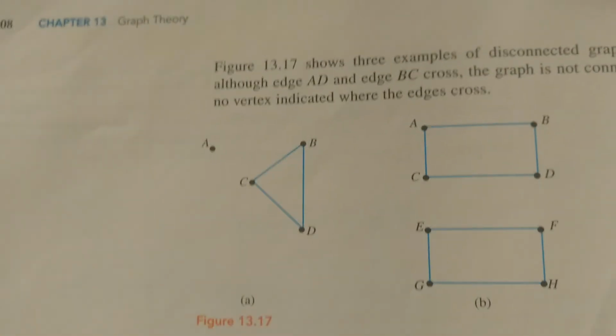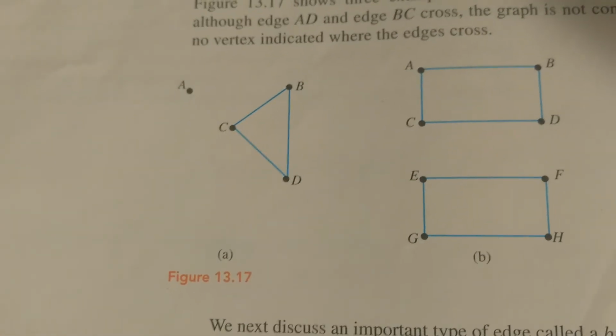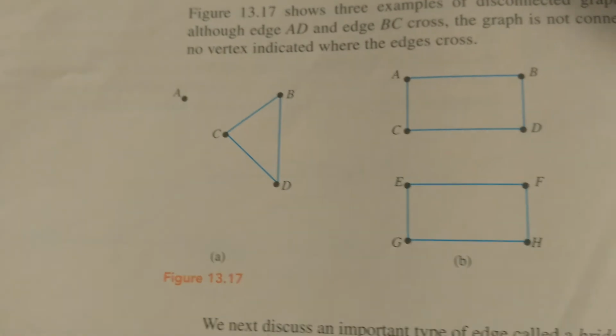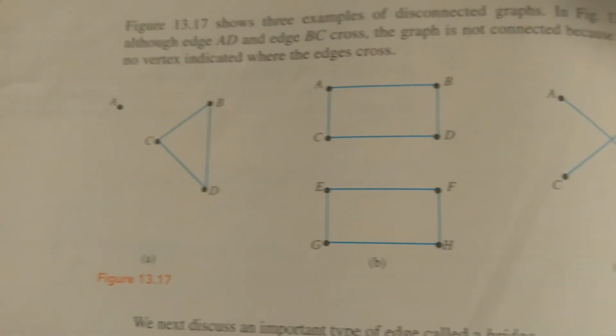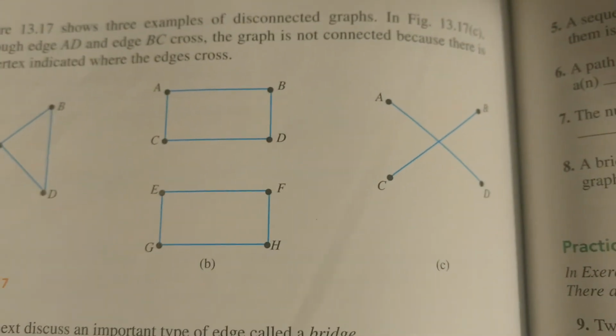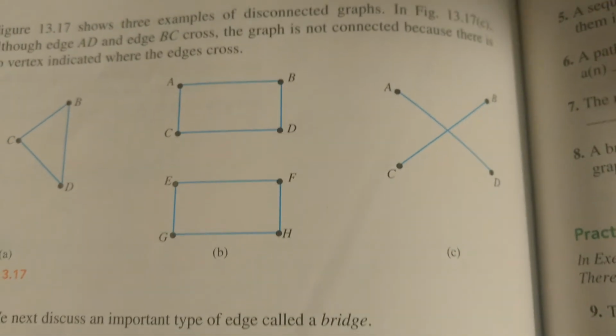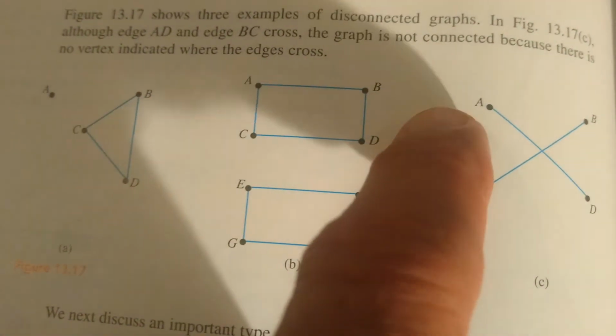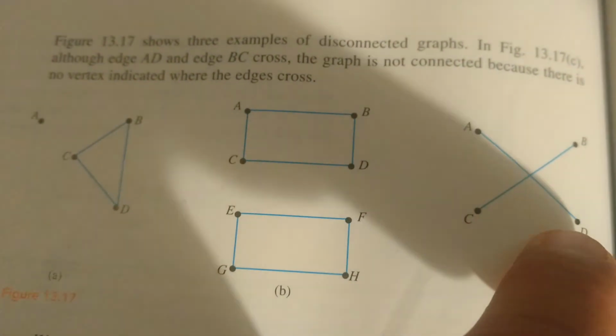So if we look at these examples here, we can see that letter A is a disconnected graph. So is letter B. Letter C, however, is a connected graph. Or I'm sorry, it is not connected because we don't have a connection between A and C. We don't have a connection between C and D, so on and so forth.